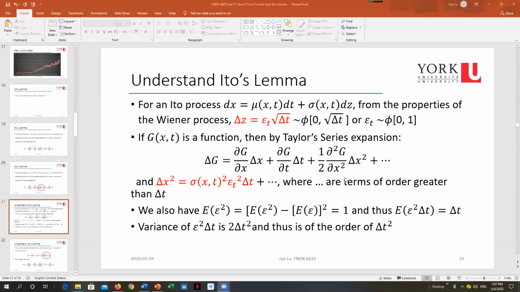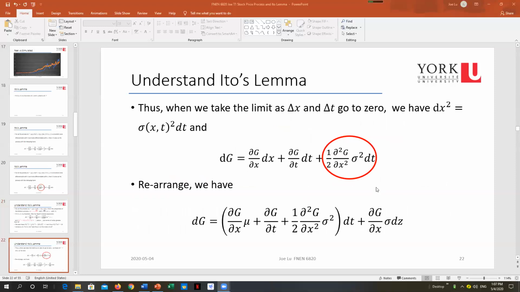So that's where this part is coming from in Ito's lemma. This one wouldn't shrink faster, wouldn't disappear. It is on the order of delta t, so you have to combine it with this dG/dt term. Essentially, you can drop all the higher order terms, but the second derivative with respect to x will still exist, and it's on the order of dt.